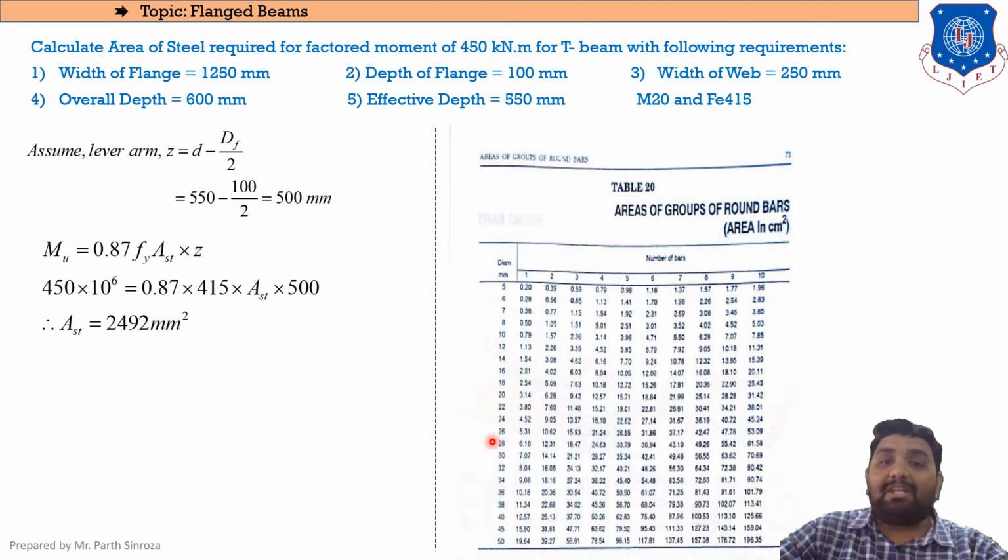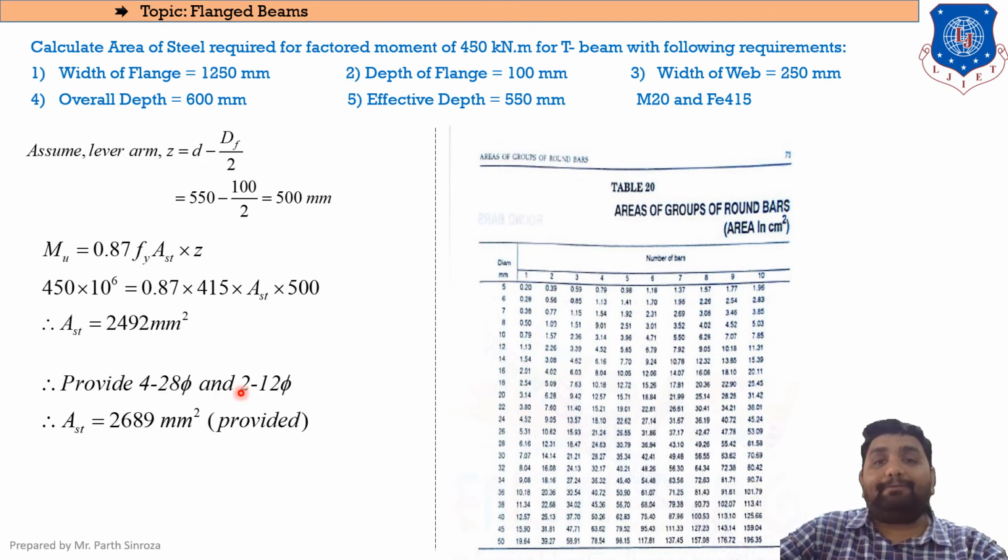So we will be focusing on an area from this table that is greater than 24.92 centimeter square, and do not provide greater than 6 bars, because if we provide greater than 6 bars, then it is not possible to provide them in a single line. Clear? There may be consequences regarding that. So we will be selecting the number of bars to be maximum 6.